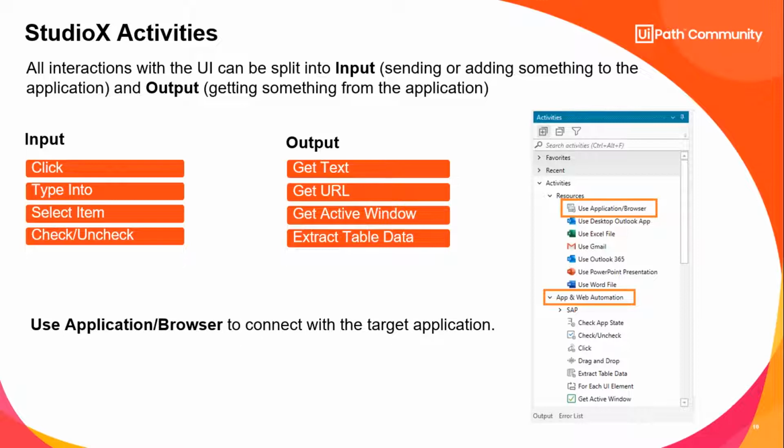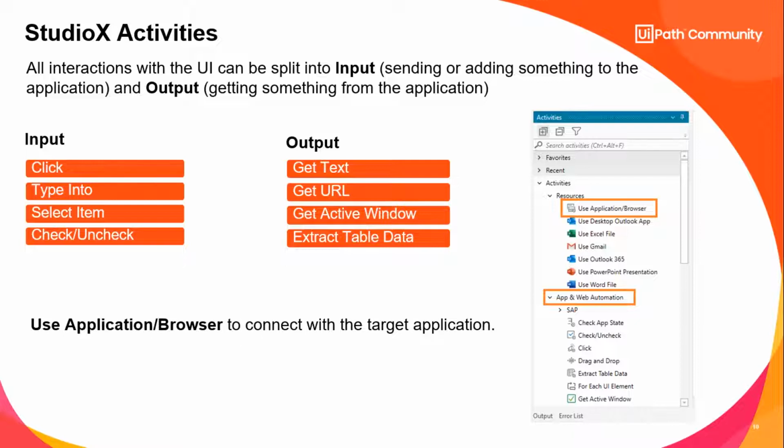And the second category is called the output. Output is the category where you are reading the information from the UI elements. For example, get text: you are reading the current stock price from the web page. So you are reading out from the UI element. That becomes your output category. Get URL: you are reading the URL of the current web page you have landed on.